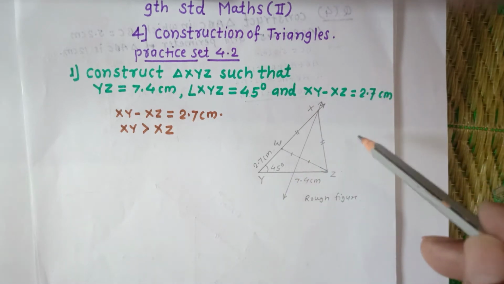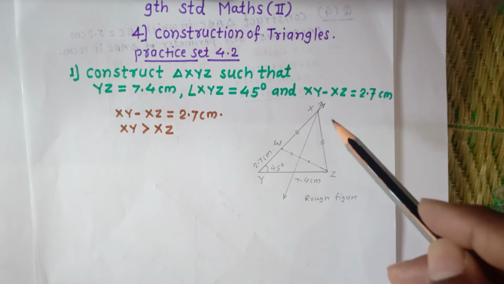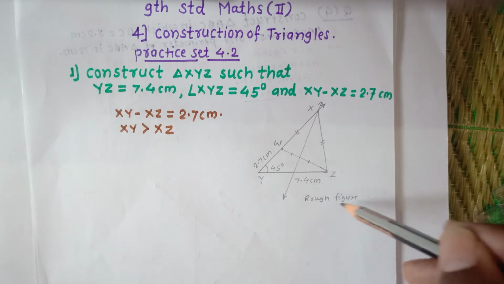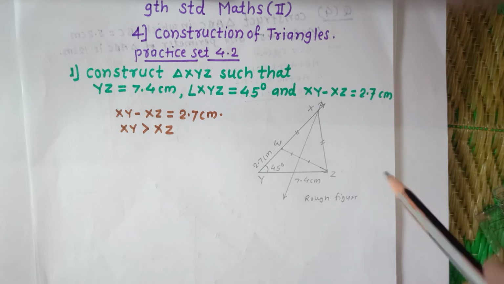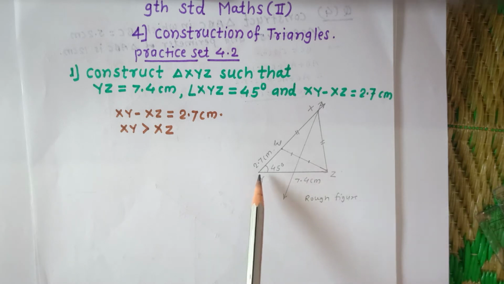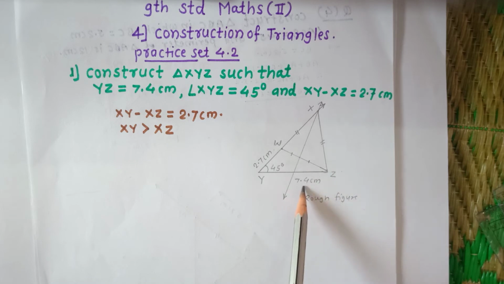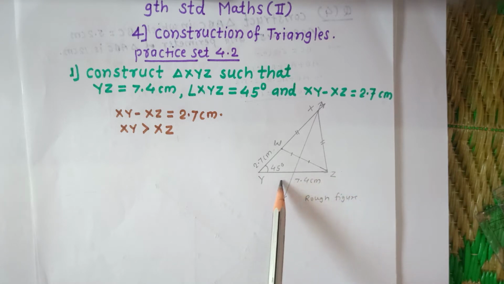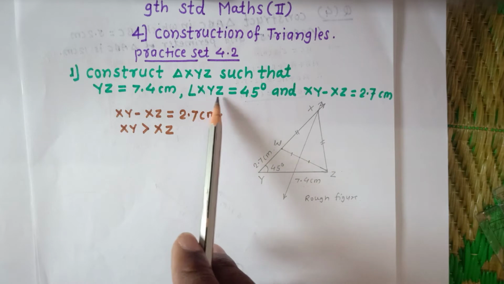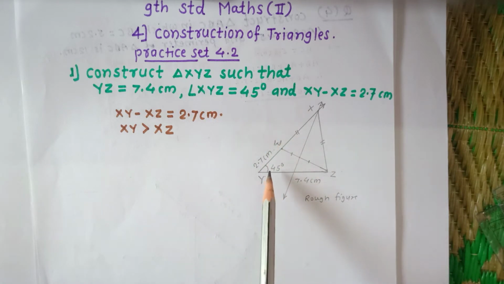Now in this example we have to draw a rough figure at first, in which the base is YZ, and YZ is equal to 7.4 centimeter is given. One angle adjacent to this base, that is angle Y, means angle XYZ, 45 degree is given.